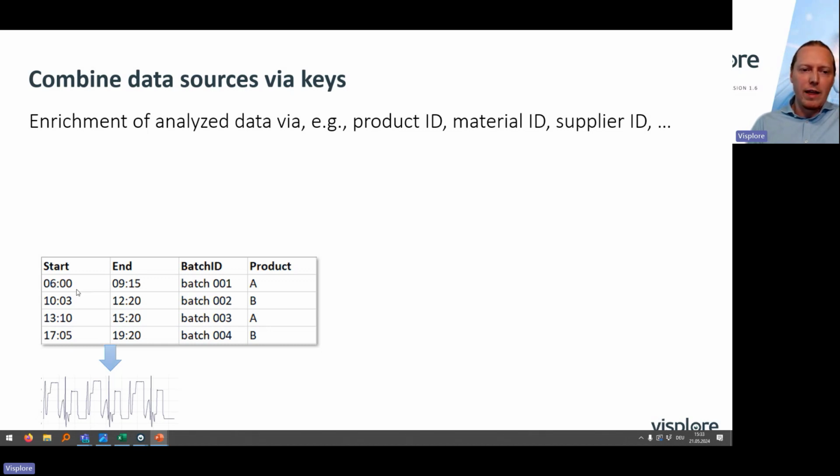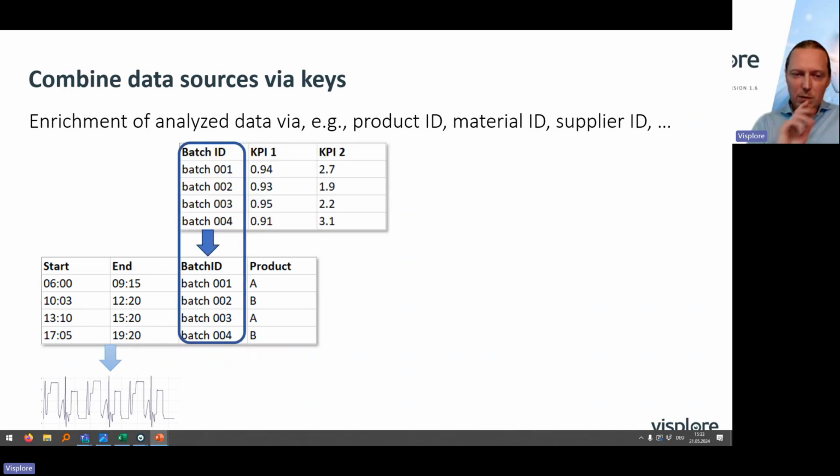For example, batch 1 lasted from 6 until 9:50. Product A was made. This has already been possible before to merge things over time. But now with the key merge, it would, for example, be possible to add quality KPIs per batch from such a table, where you can say, okay, based on the batch ID, you bring these together, allowing you to correlate quality information with aspects of the process data.